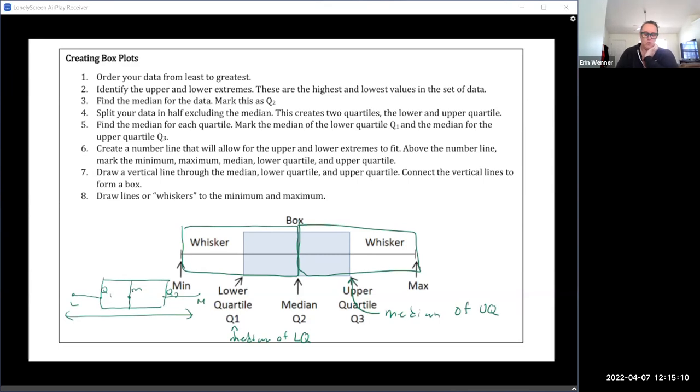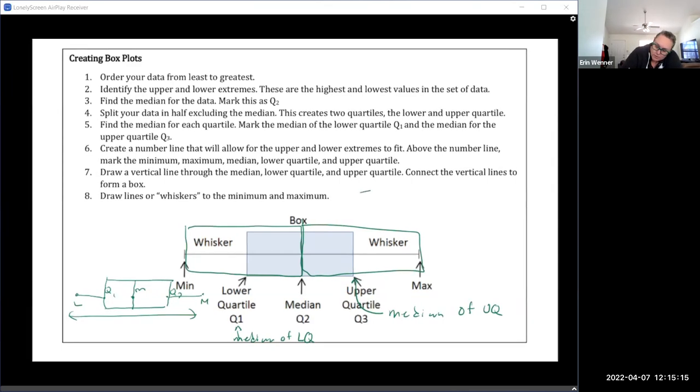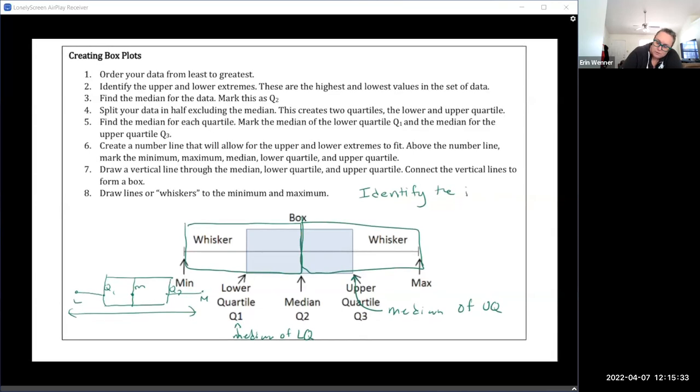So one piece that I don't have on here is that you need to identify the interquartile range.